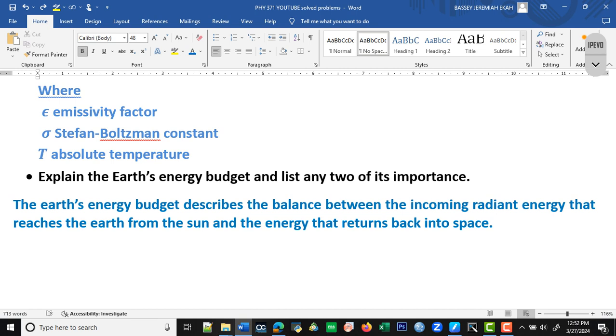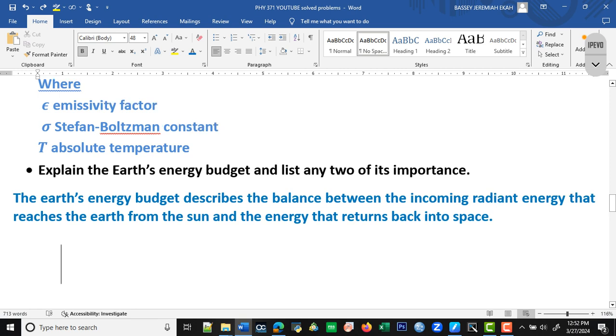So the amount of energy that comes into the Earth and returns back into space is accounted for by the energy budget.